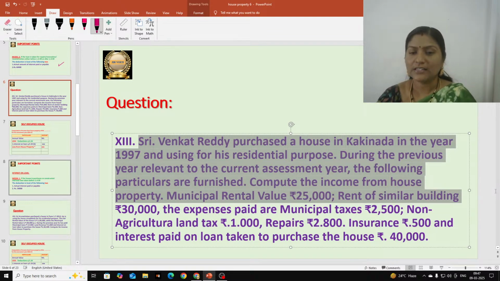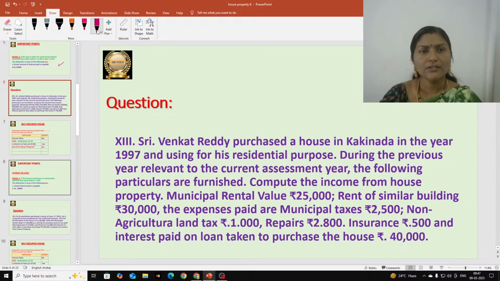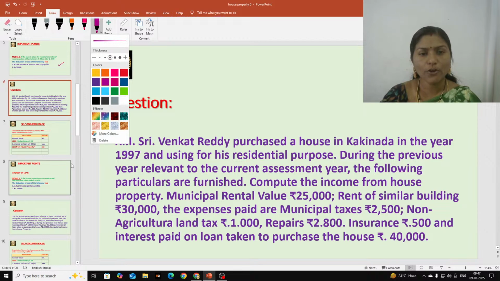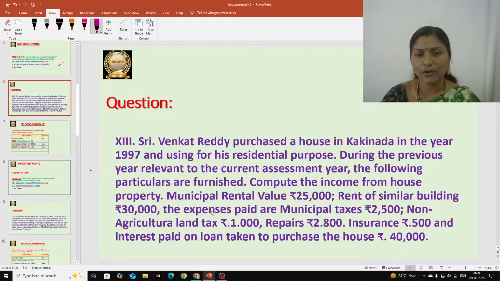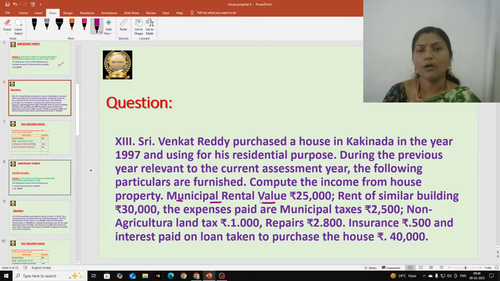Some details are given, students. What details? Municipal rental value. Municipal rental value is given, but do you need it in the case of a self-occupied house? We don't need this municipal rental value for self-occupied houses, because in the self-occupied house format, the first item is annual value, and annual value is always nil.